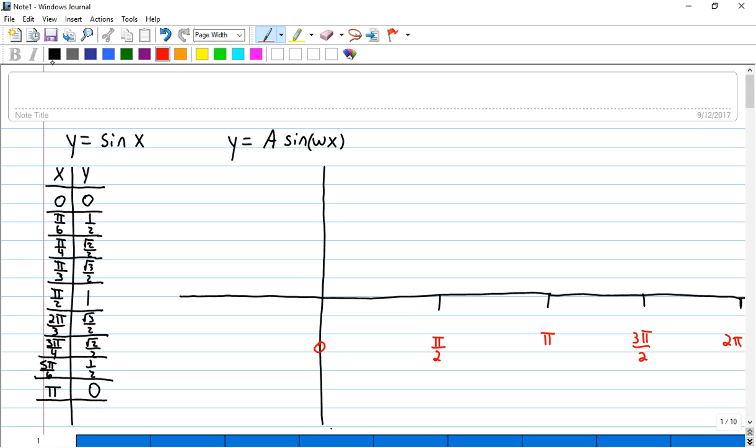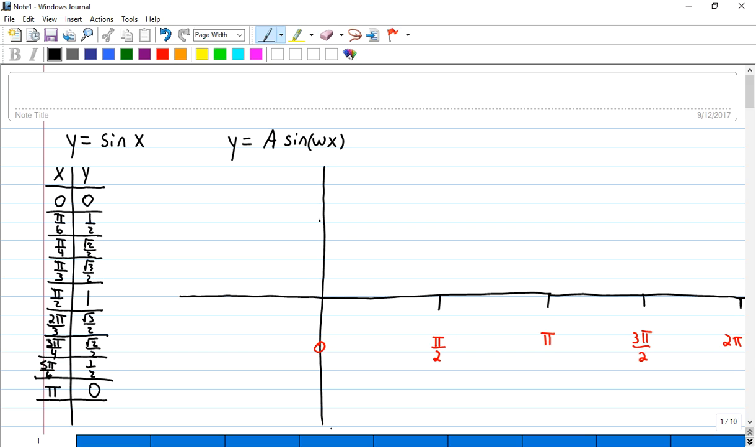I'm going to mark off a couple of places on the y. So I'm going to try my best to make this pretty much to scale. This is about 1.5, so I might just make my y a little bit bigger than the scale that I have for my x.